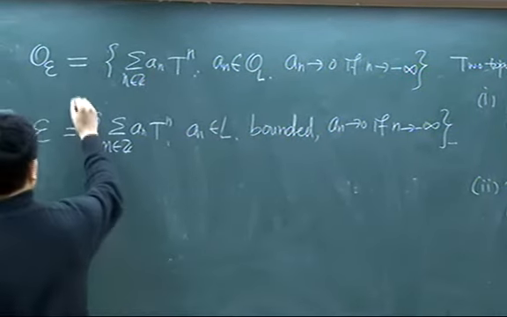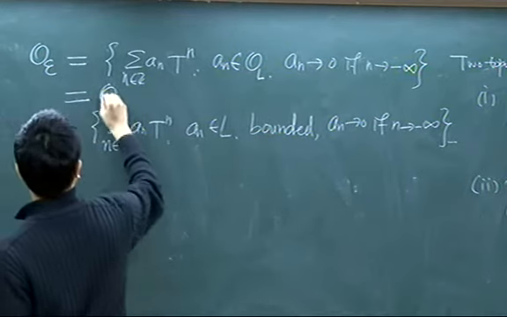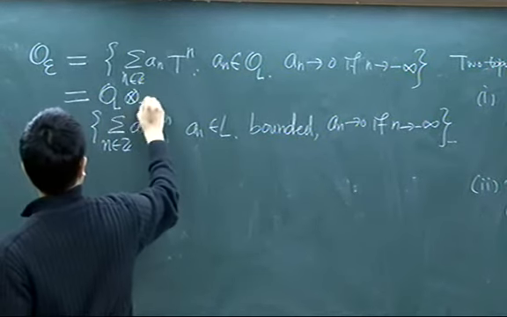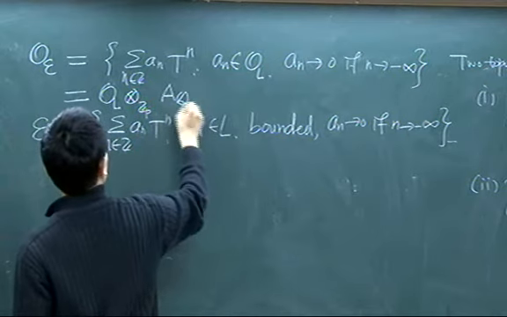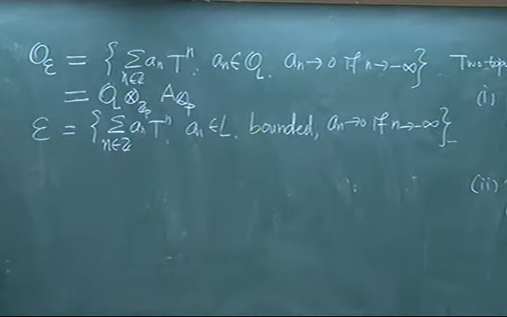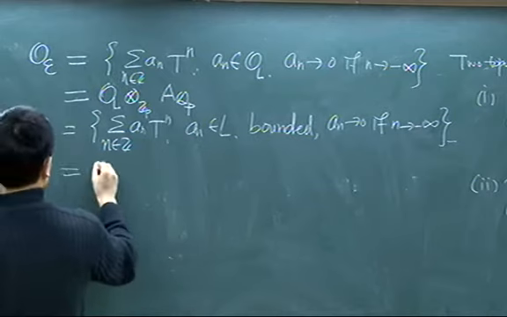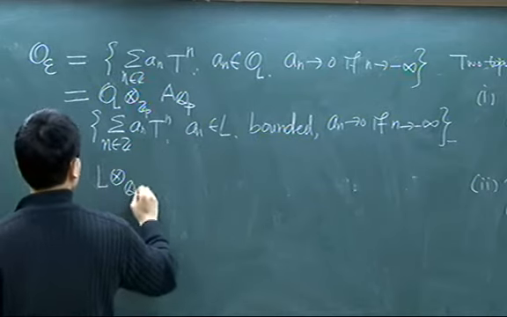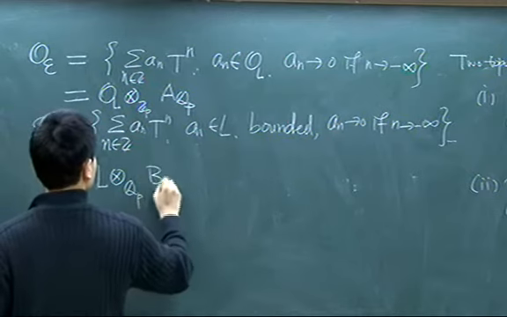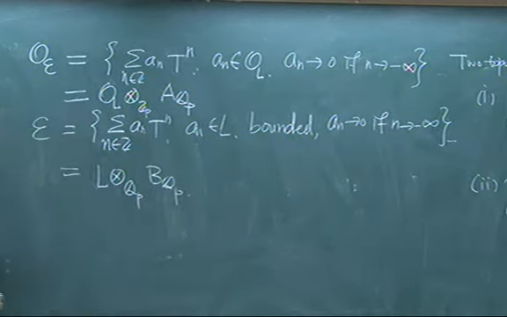So you see, if you replace this pi by t, you can see this one is nothing but your tensor product over ZP of this AQP, and this is nothing but O_L tensor over QP, BQP.